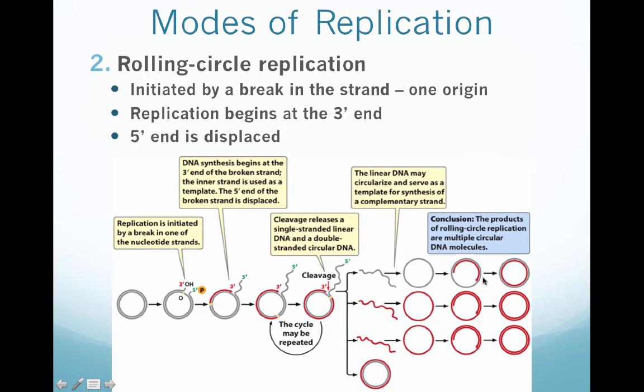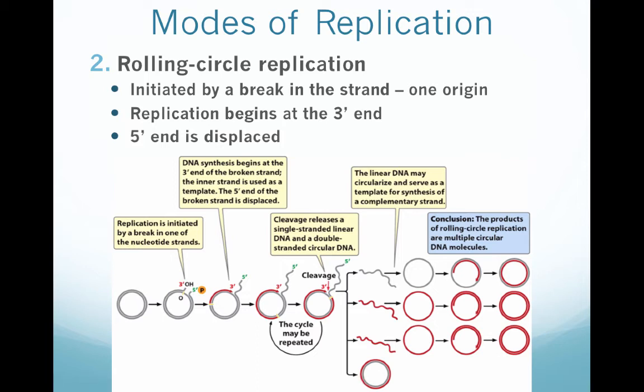This is one of the reasons that bacteria can repopulate so quickly. And then the other product is going to be this newly synthesized strand of DNA, which can then serve as a template for another new strand of DNA. And then we have the original cell, which has one of the original strands of DNA plus the newly synthesized strand of DNA.